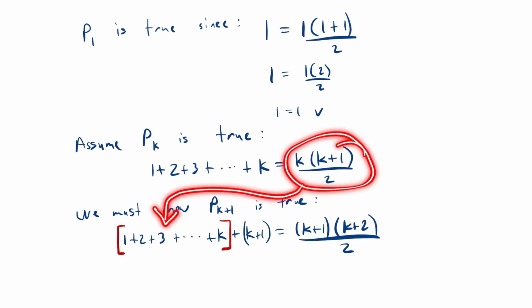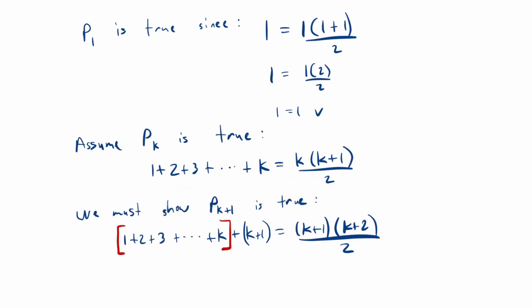So we're going to substitute k times k plus 1 over 2, bring down the next term, which is k plus 1. Now we need to simplify this and show that it's equal to the right side.